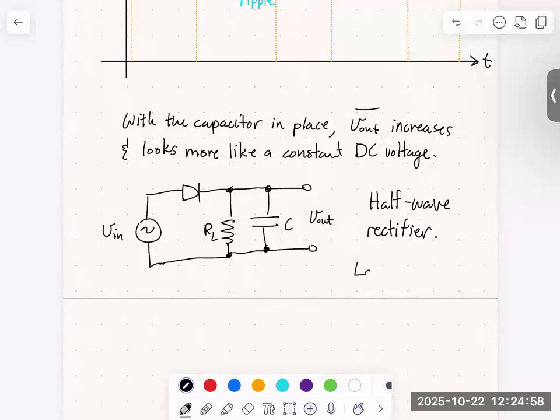So in lab number 6, I think it's going to be, you're going to build this rectifier circuit. And in fact, we're not going to talk about it here, but in lab 6, after building and studying the half-wave rectifier, you're going to build a variation, the so-called full-wave rectifier, which uses both the negative and positive parts of the input cycle.